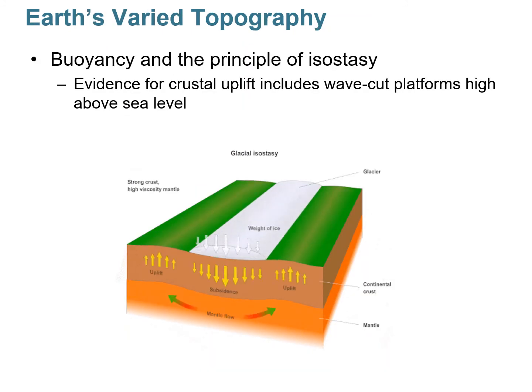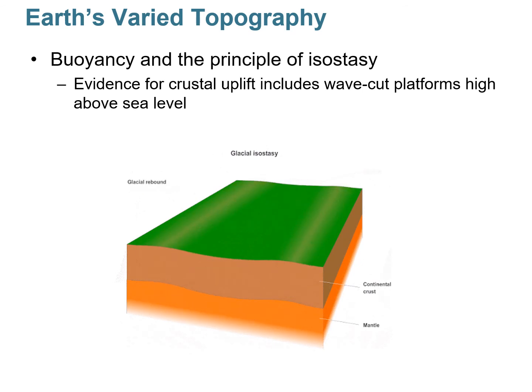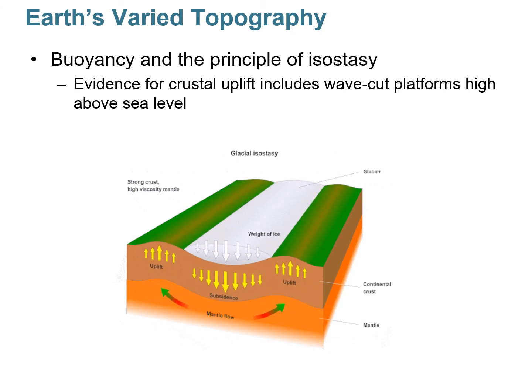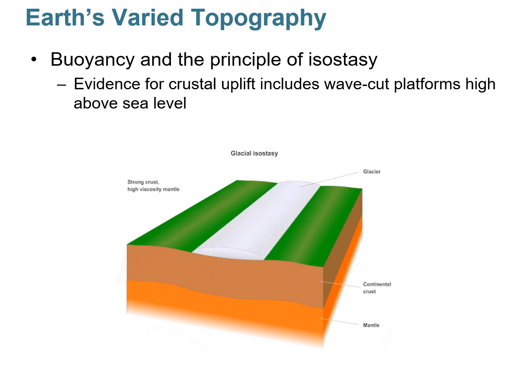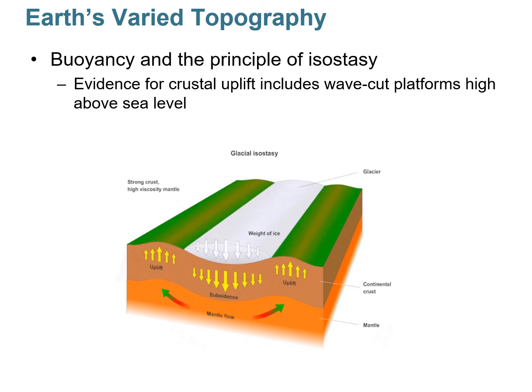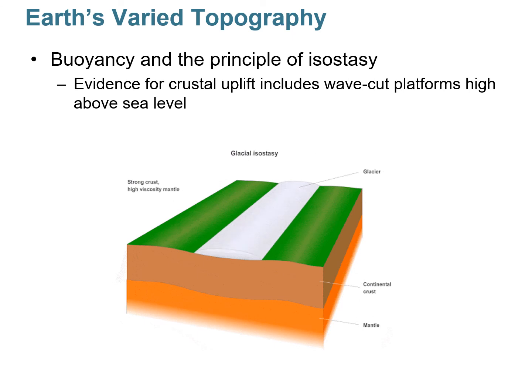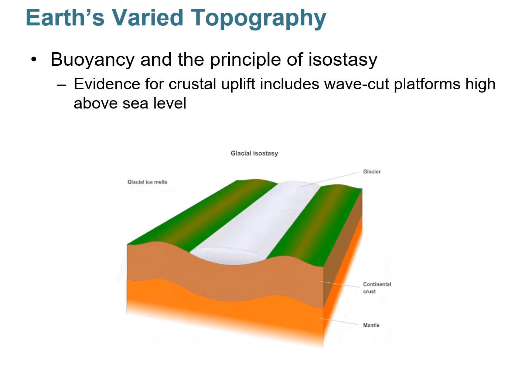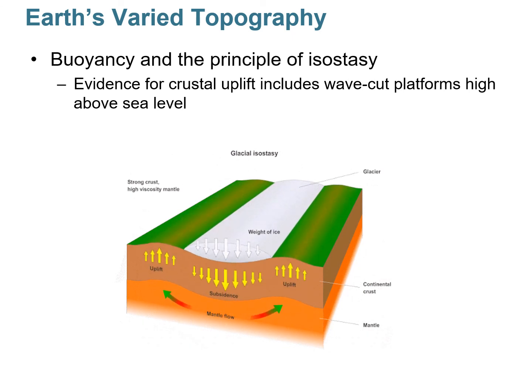Okay, so let's talk about the principle of isostasy and buoyancy. There is evidence of crustal uplift, meaning the crust rises upward above sea level, because of features that the ocean will create.